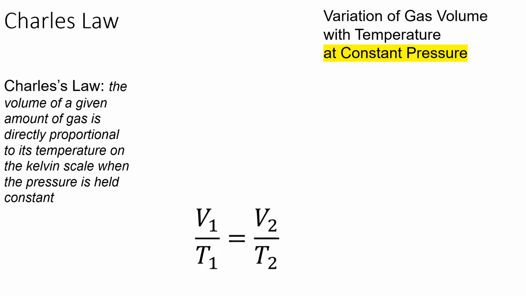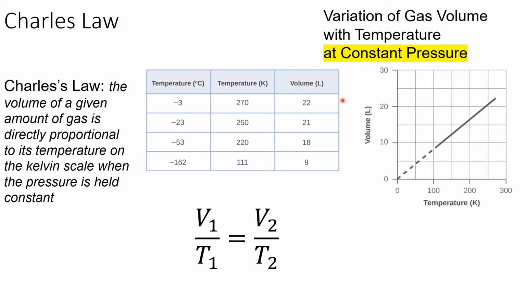So the first of these gas laws is Charles's law. This is the idea that the variation of gas volume with changing temperature, while maintaining constant pressure, is directly proportional. What that means is that you can graph it and it's linear.